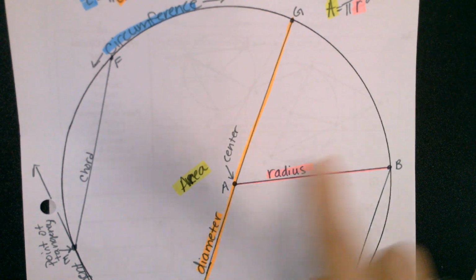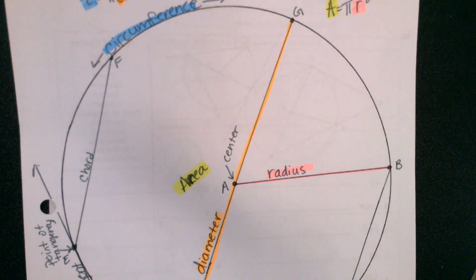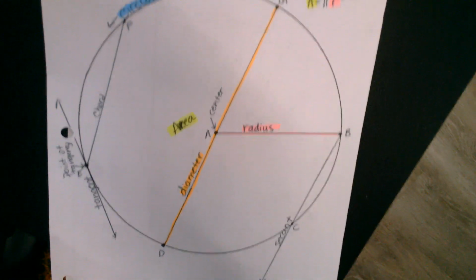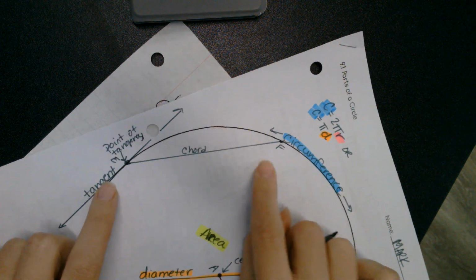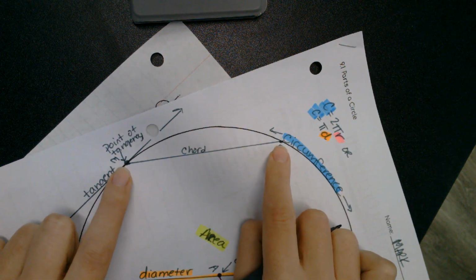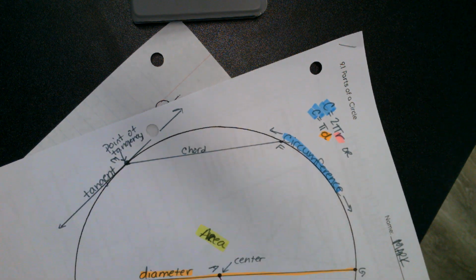So I'm just going A, B, and then all the way around. I just went all the way to G. Chord. E, F, and then the chord is right there.